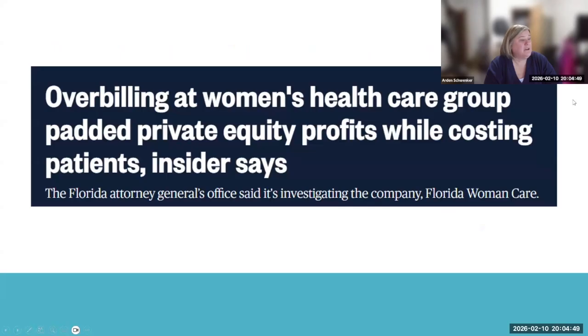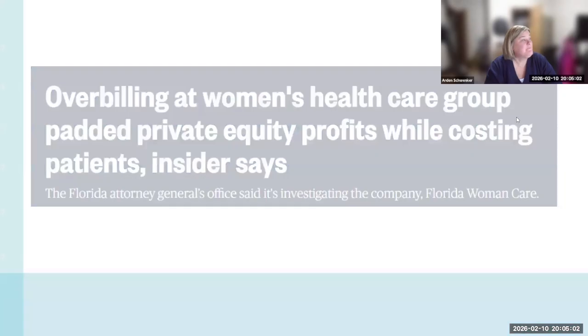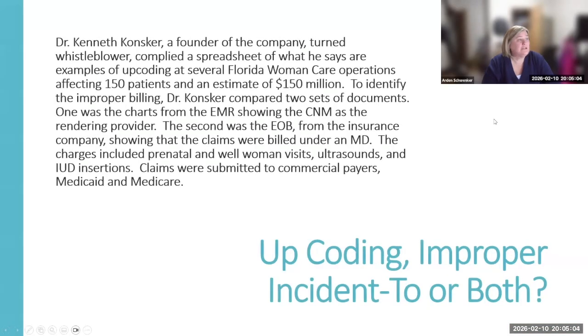Here's an example of where an owner of a practice actually turned themselves in. Overbilling at a women's healthcare group padded private equity profits while costing patients. The doctor of the company turned whistleblower, so turned himself in, because he compiled a spreadsheet of examples of upcoding. He compared two sets of documents.